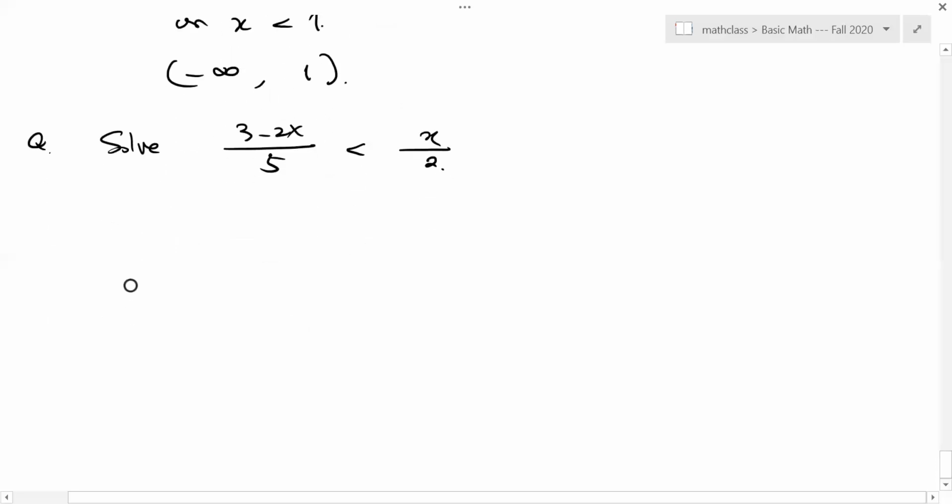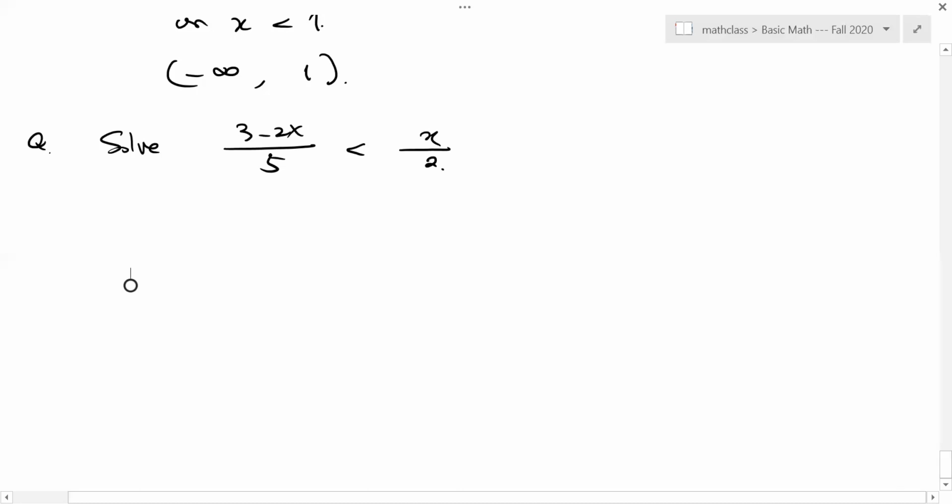Anyone? The numerator is 3 minus 2x, right?